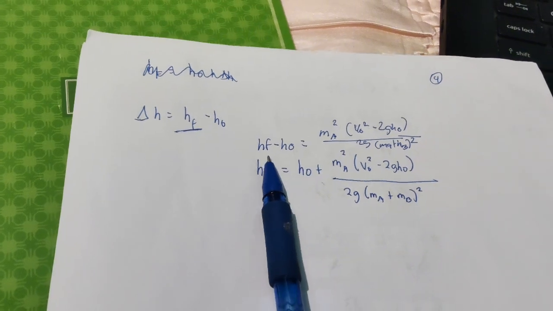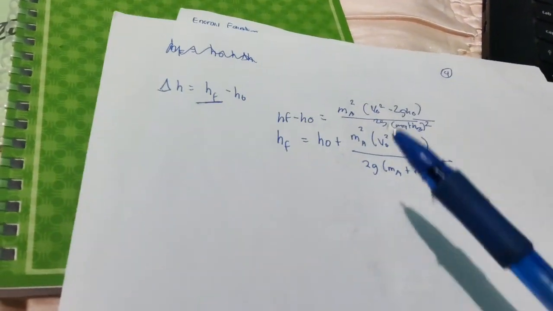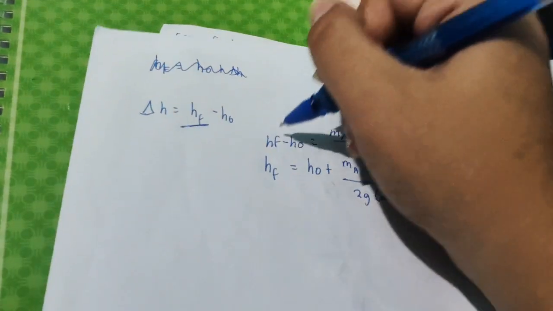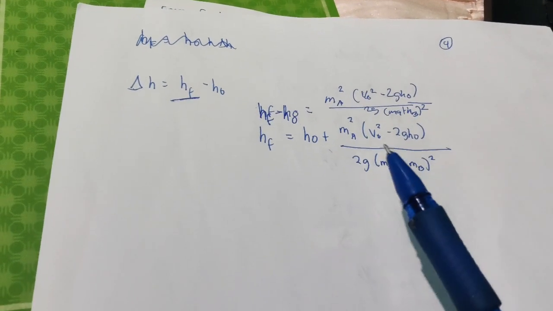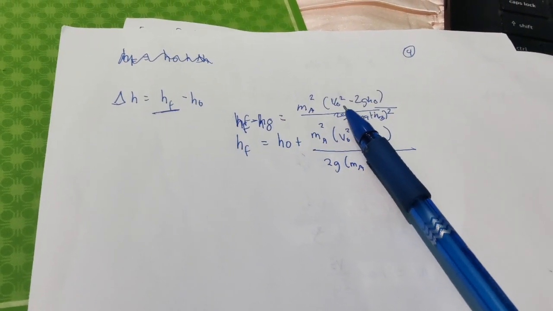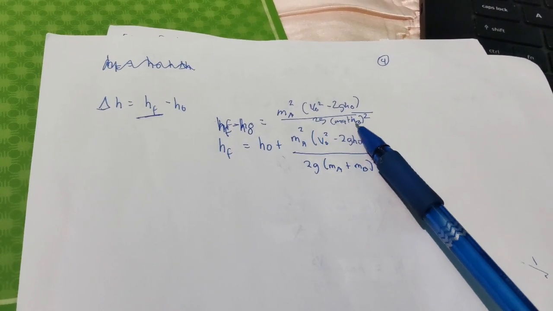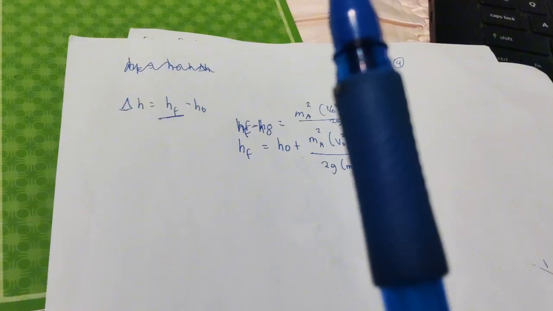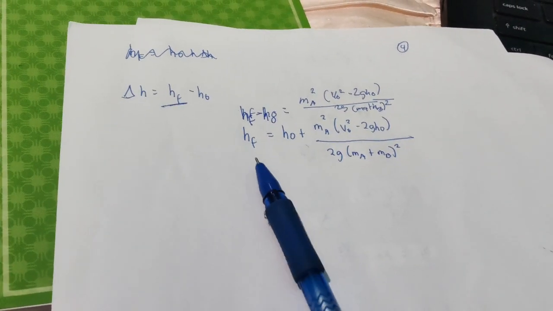So here we have that delta h is equal to that one, and I made it h sub f minus h sub 0, sorry sir, and that is equal to m sub a squared times v sub 0 squared minus 2g h sub 0 over 2g times m sub a plus m sub b squared.